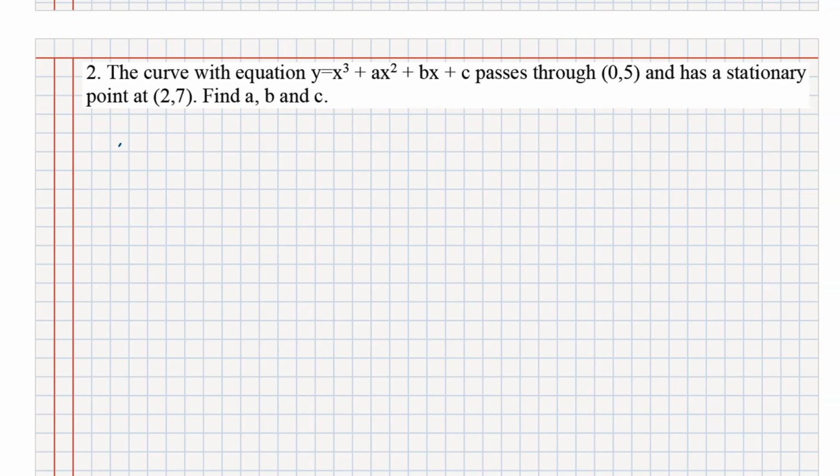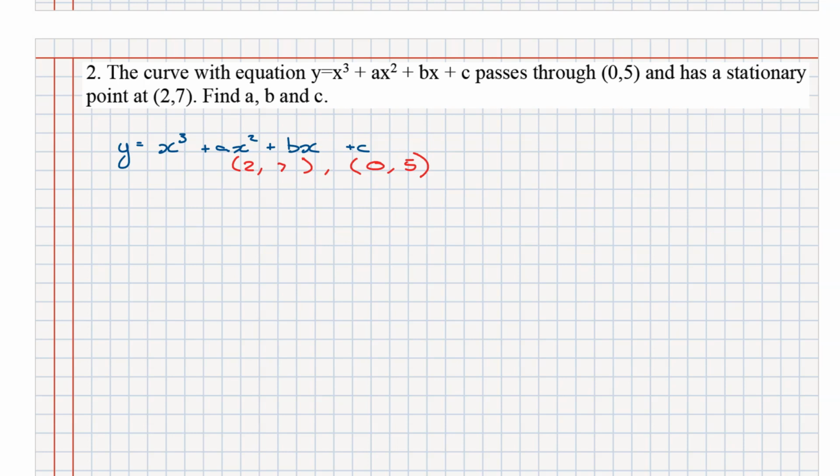So what we've got is y equals x cubed plus ax squared plus bx plus c. And this equation has the following points: (2, 7), and also (0, 5).